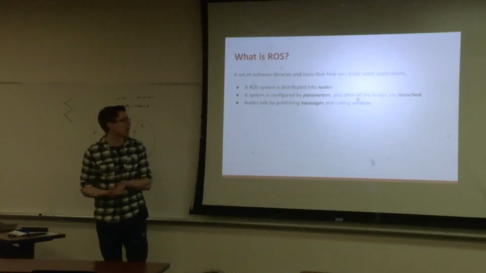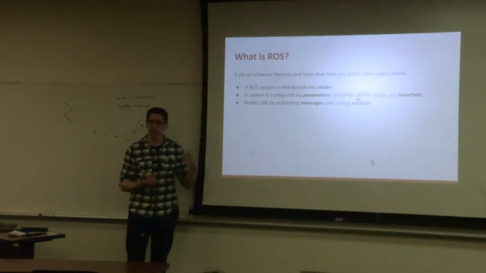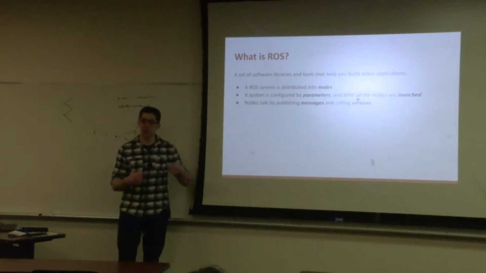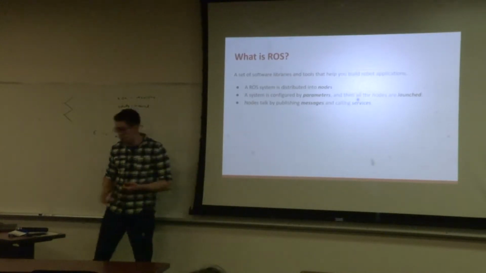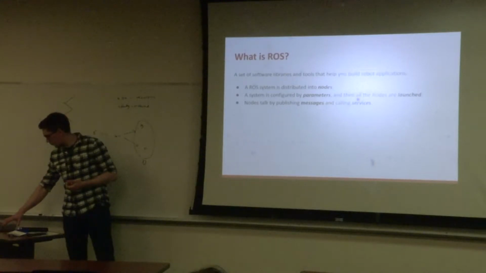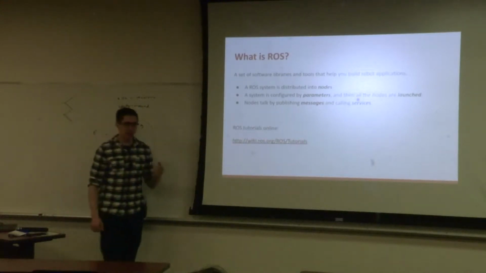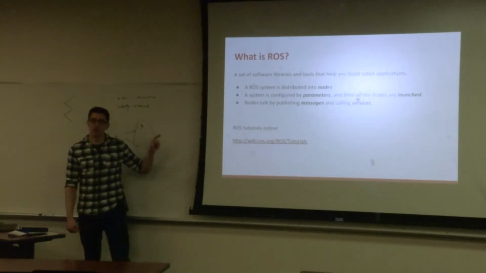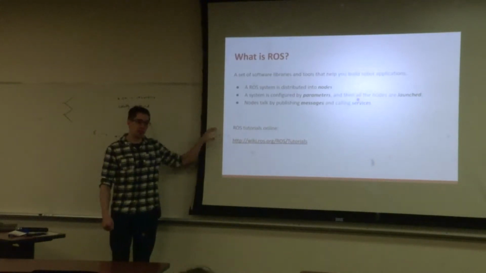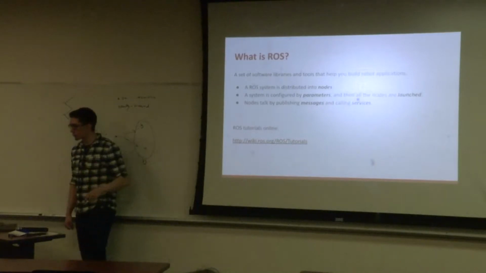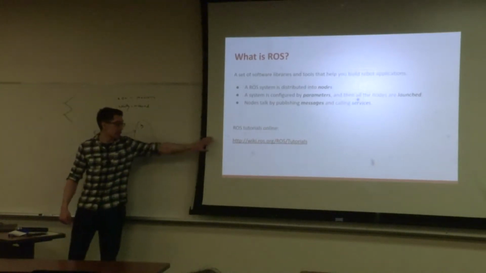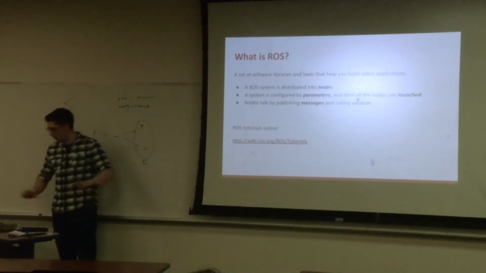And then they communicate by passing messages. They pass messages over a TCP connection. If you are interested in knowing more about ROS, there are tutorials online. I put the link here in the slides in case you're going through these tutorials later and you realize these slides don't tell you enough about ROS. Go here, follow the tutorials, you'll know everything about ROS.